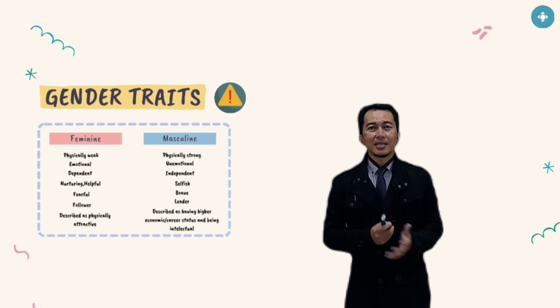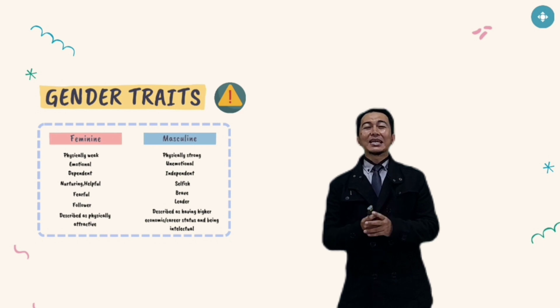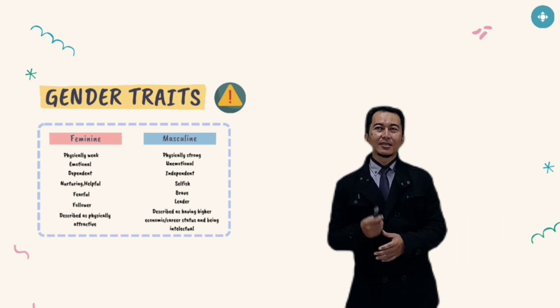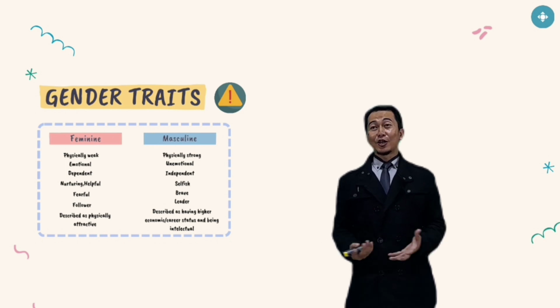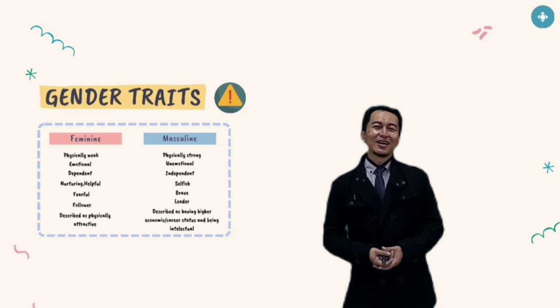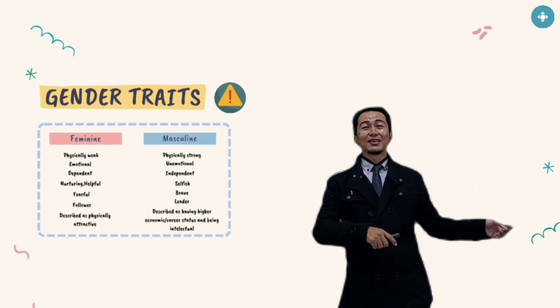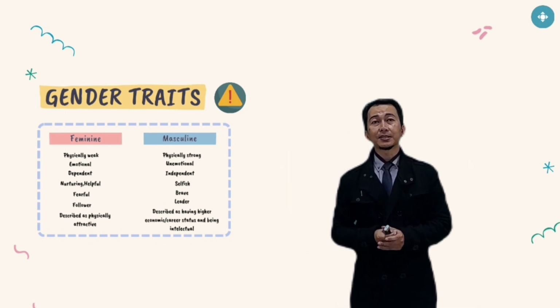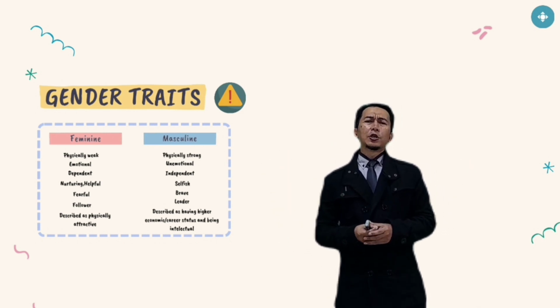Well, the last would be described as physically attractive. This is for feminine, and masculine is described as having higher economic or career status and being intellectual. Whether this is in the past and different from now, this is the stereotype: physically attractive.